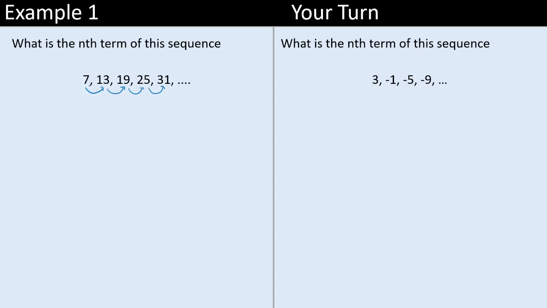In this case, this sequence progresses by going up by 6 each time. Now, we need to create that motion of going up by 6 each time. And the other thing that goes up by 6 each time is the 6 times table.